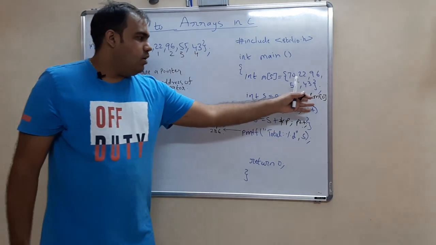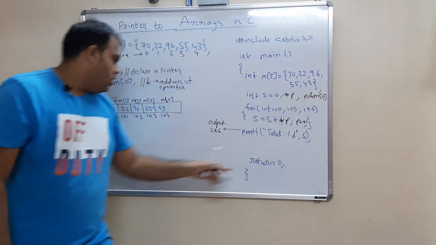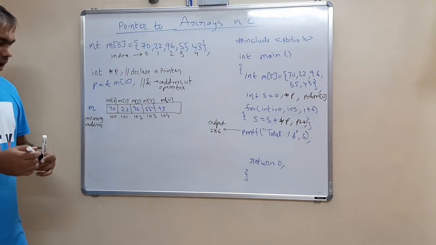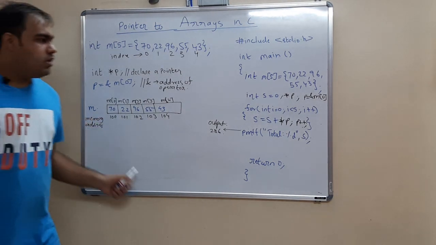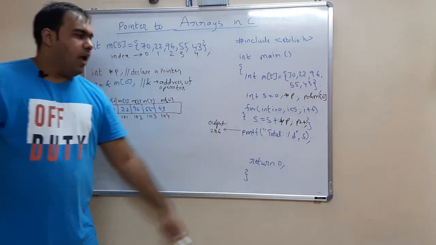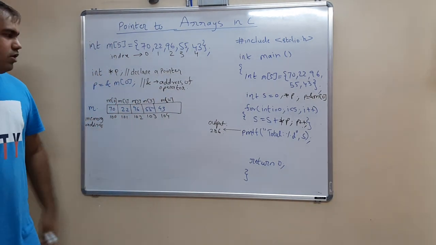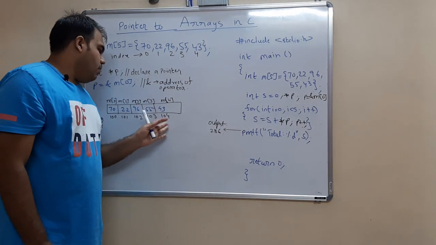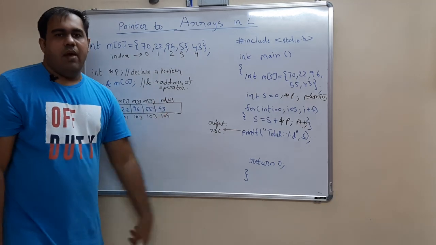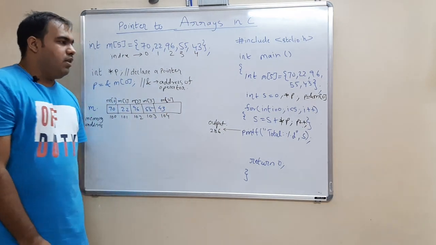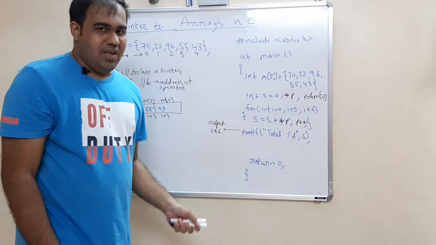What is asterisk p? It is pointing to the 0th location, and the value here is 70. So s is equal to s plus 70, and then p will increment, so p will point to the next place, 22, and so on. So that way p ends up pointing to each address in the array, and you can still find the total of all the elements in the array.